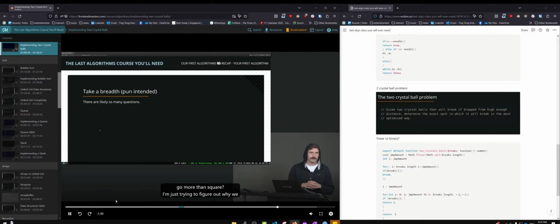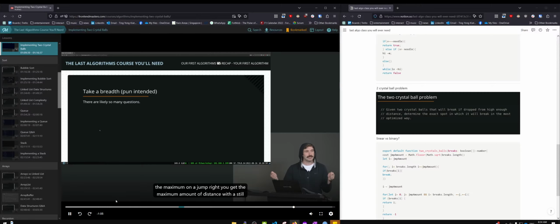What if we go more than square root? I'm just trying to figure out why we have chosen square root of n. Well, the square root of n is the only way we can change this from linear running, right? Because if we use a binary search, we still run into a linear problem. If we jump by some portion of n, we're still running linear. So if we want to get sublinear, we cannot get to log. But if we just do a root, then we get the maximum amount of jump, right?